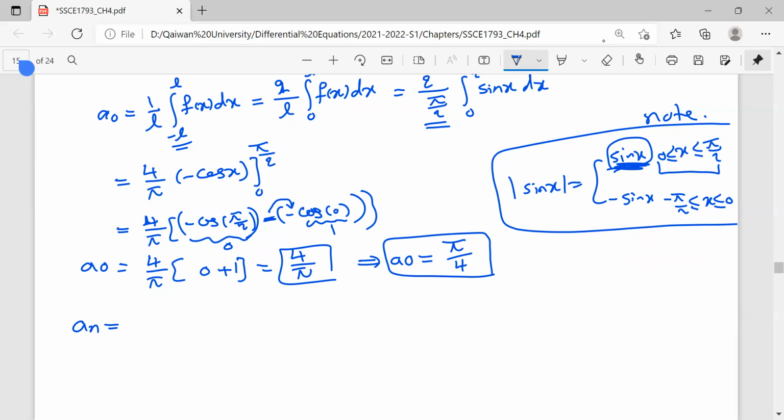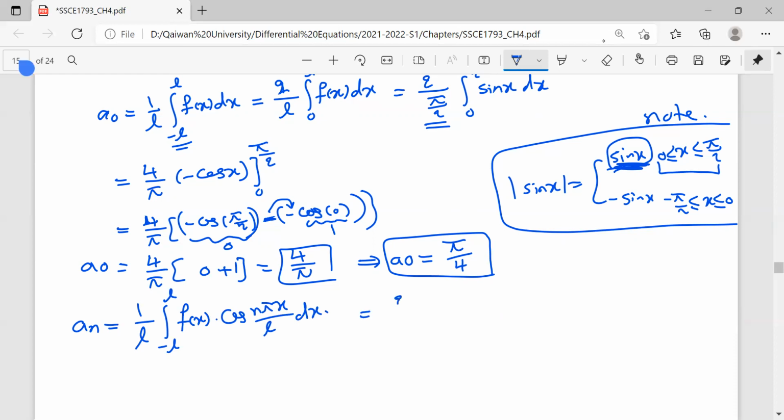equals 1 over L integration from minus L to L for f of x times cosine n pi x over L dx. Yeah, we take only the positive part of the interval. It's from 0 to pi over 2, and L is pi over 2.